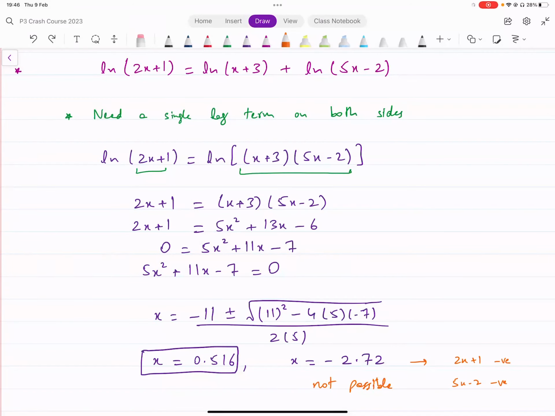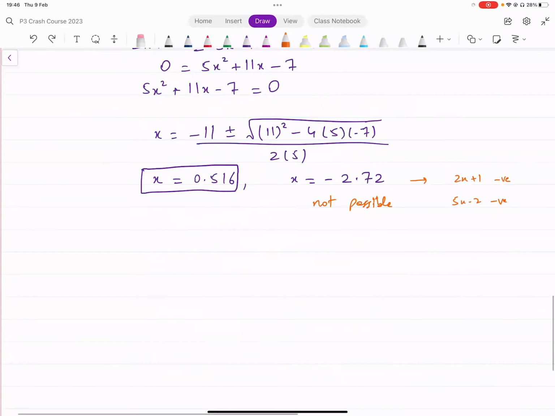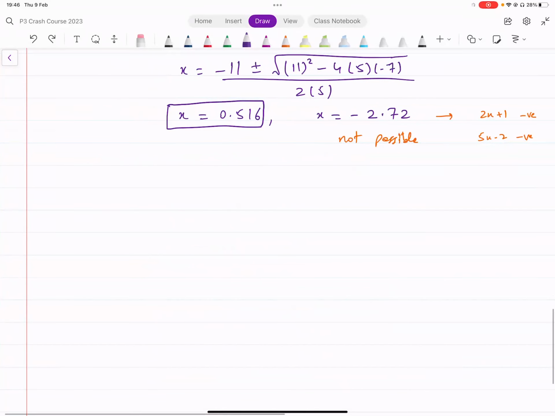Whenever you have a log equation and you get any answers for that, you always have to verify those answers. Now, it's not necessary that you will always have to ignore negative values of x. That's not something that would always work.